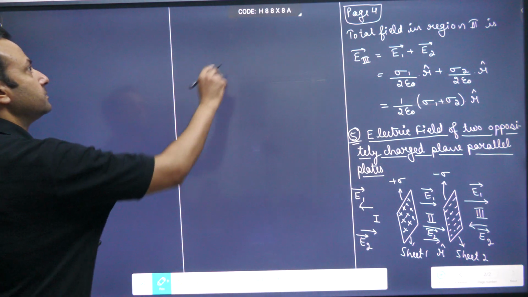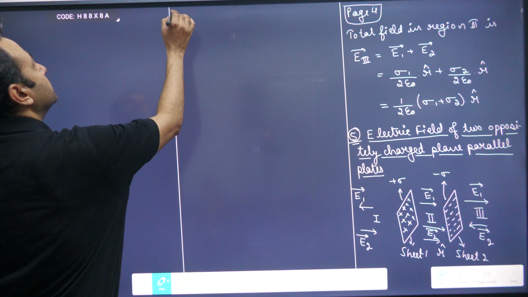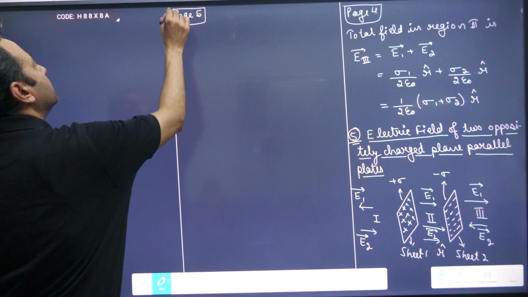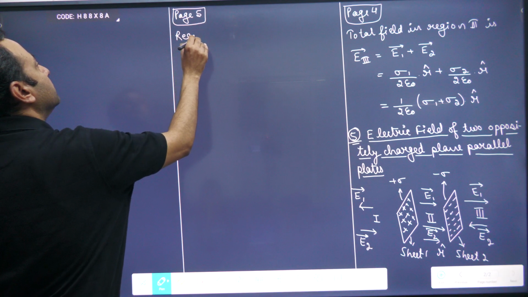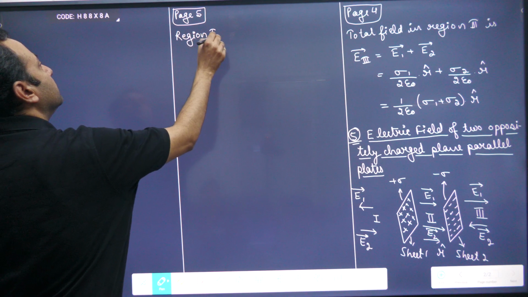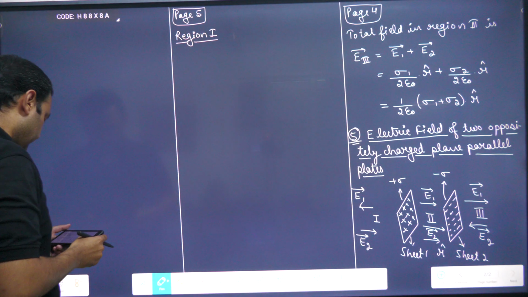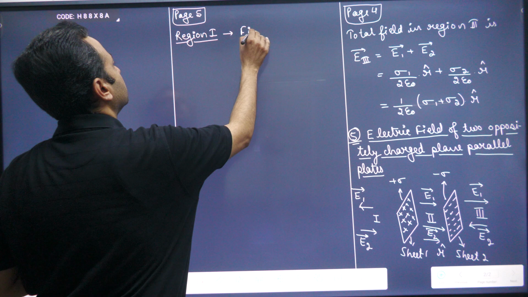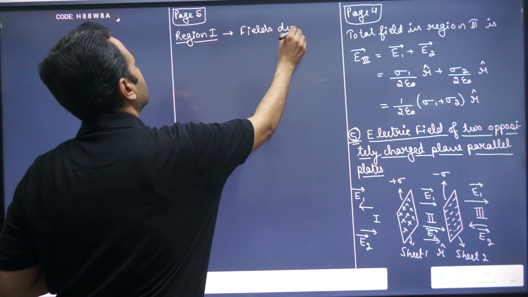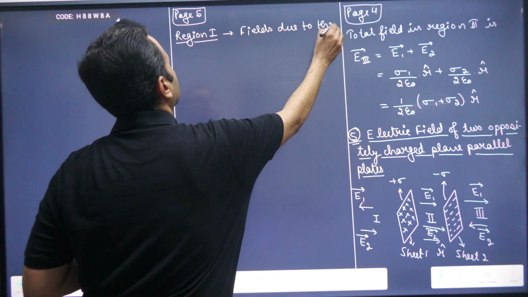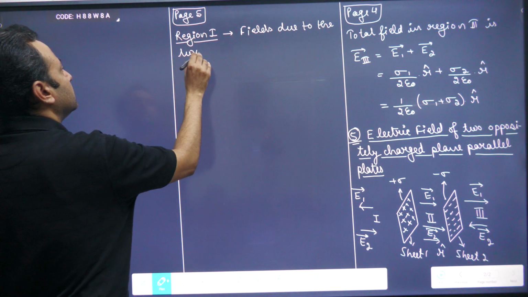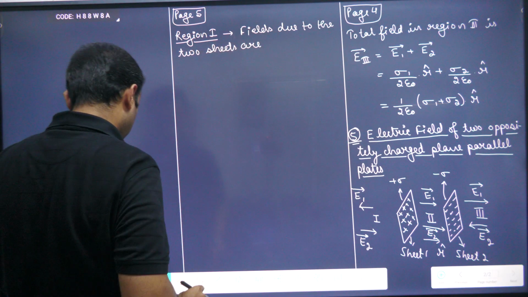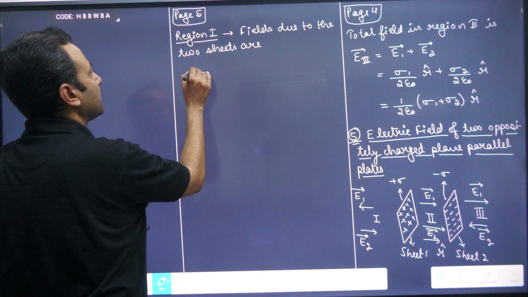Region first. Fields due to the two sheets are: E1 vector.